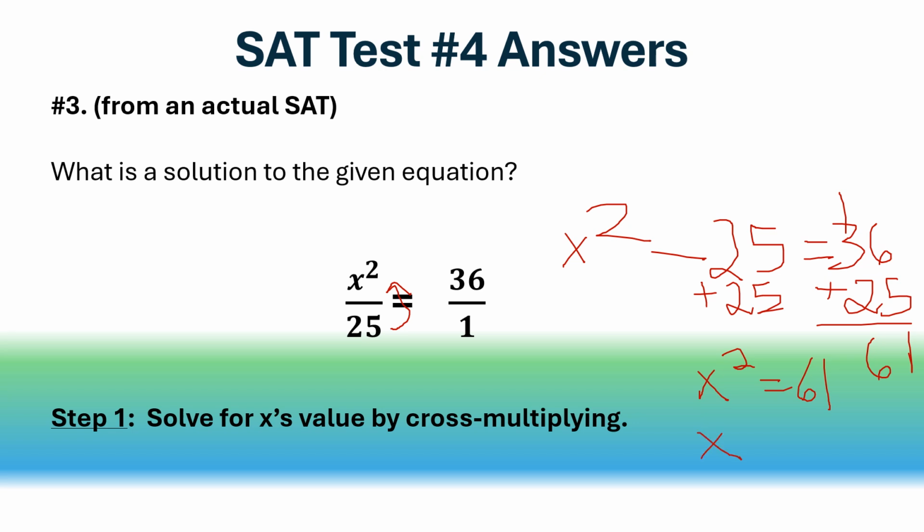And in order to get rid of this square, you're going to have to put a square root bracket over this, which is 61. And then the square root of 61 is going to give you some number like 7.8.